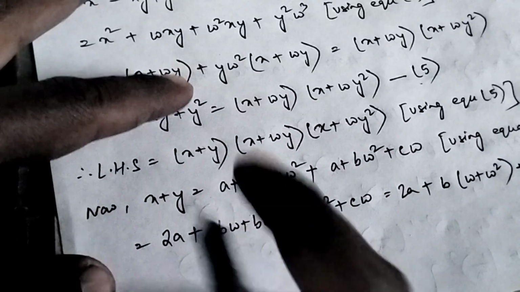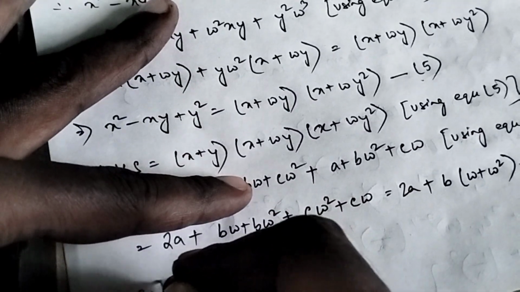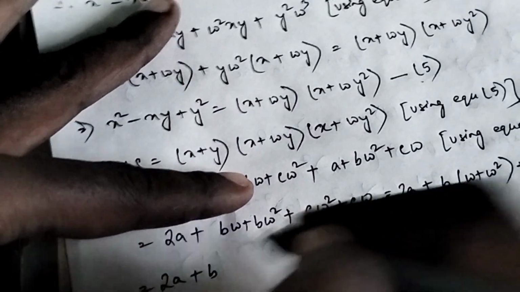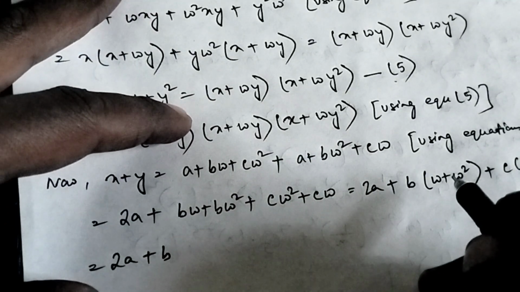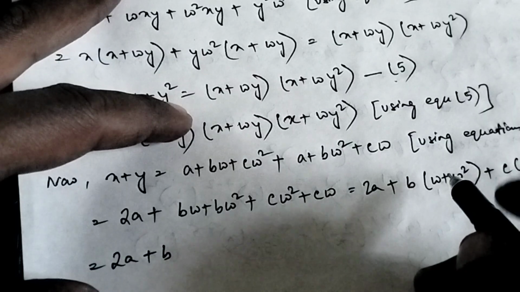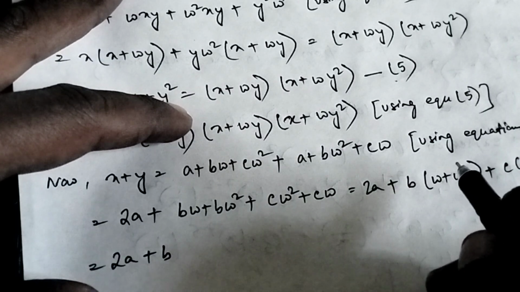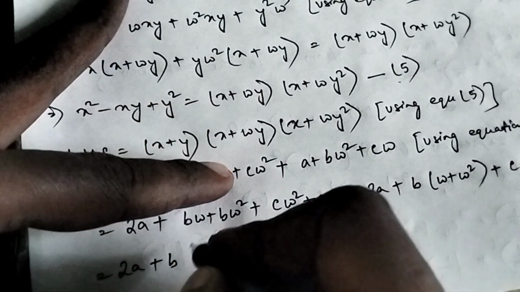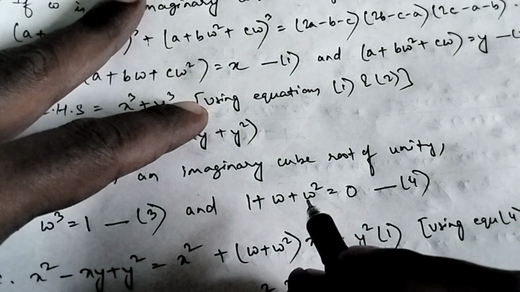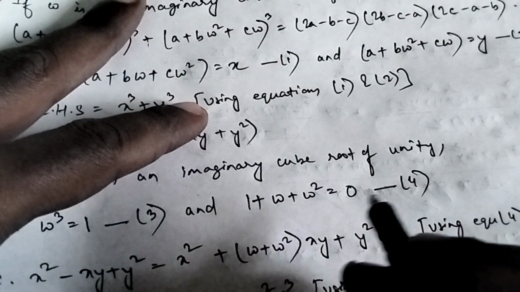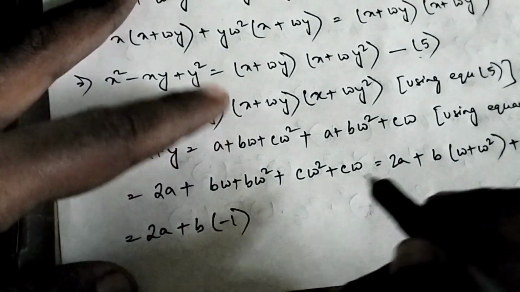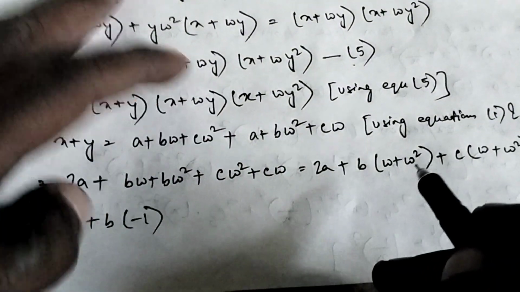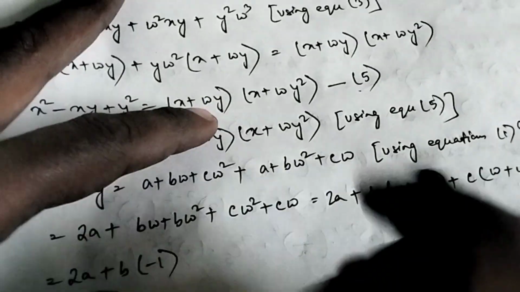Okay, so now this will be 2a plus b. Acha, in place of omega plus omega square we can write -1. Why? Because omega plus omega square is equal to -1 from equation 4. Using equation 4 we are getting this.